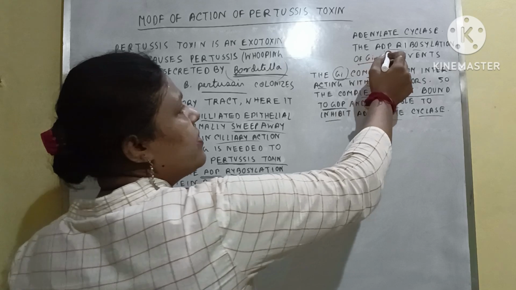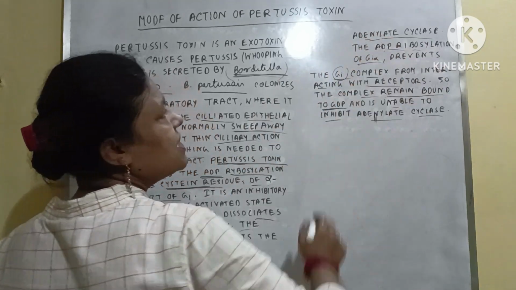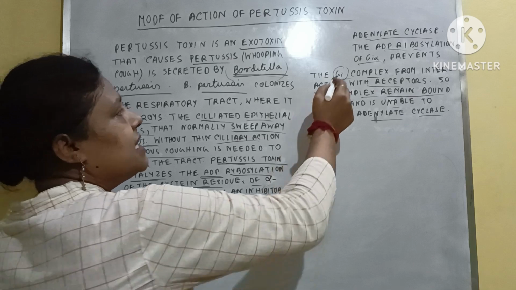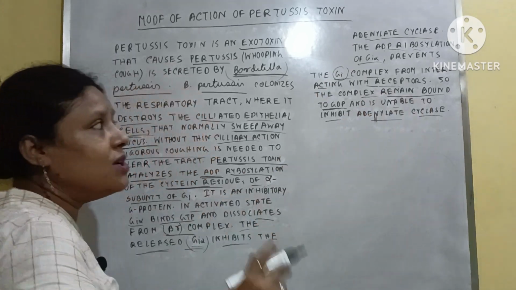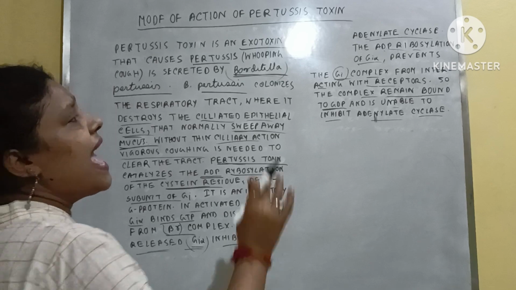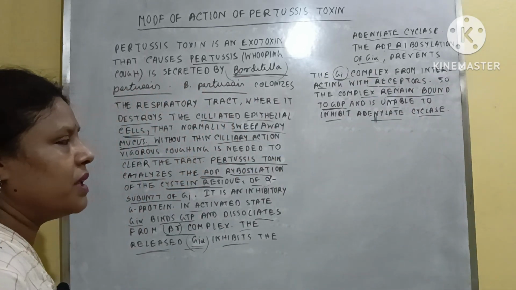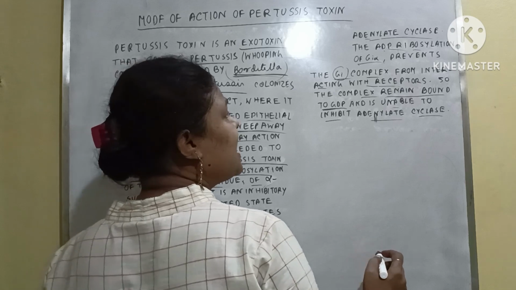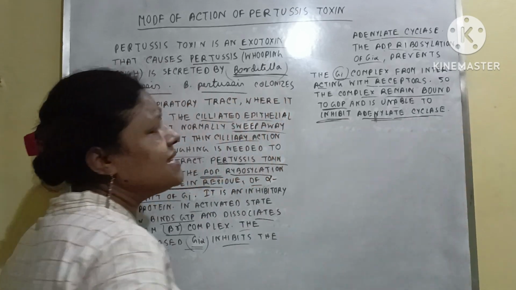And with the ADP ribosylation of the Gi alpha, this prevents the Gi complex from interacting with the receptors, so dissociation does not occur and the complex remains bound with the GDP.